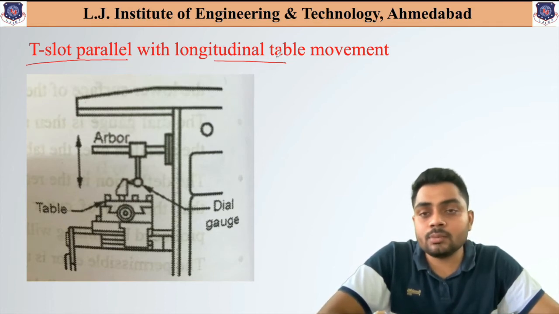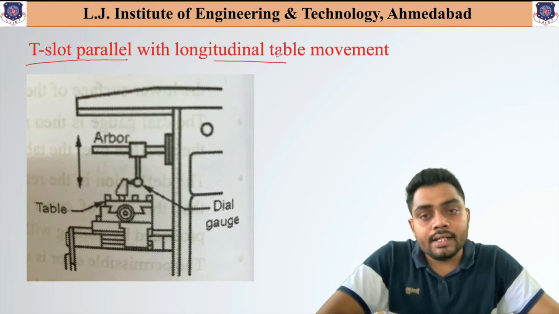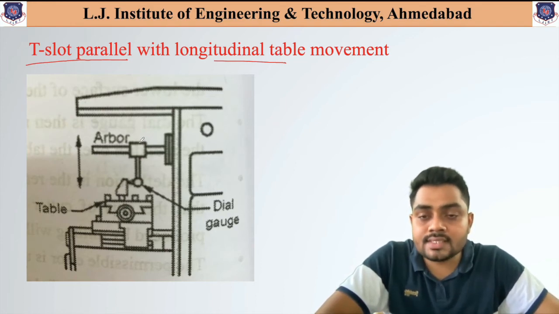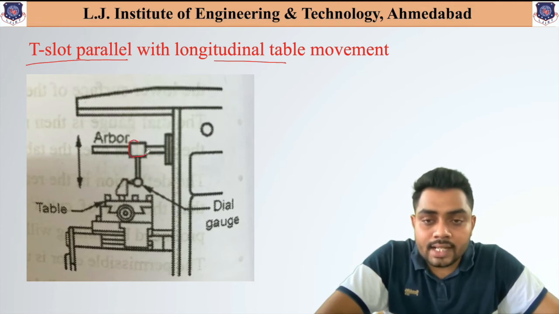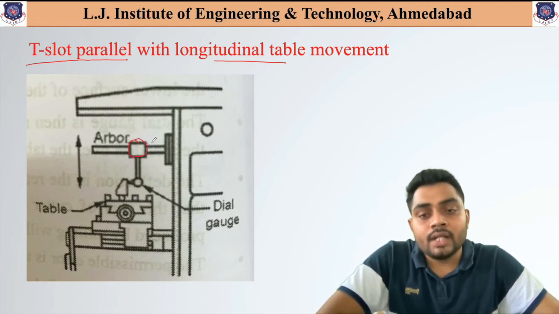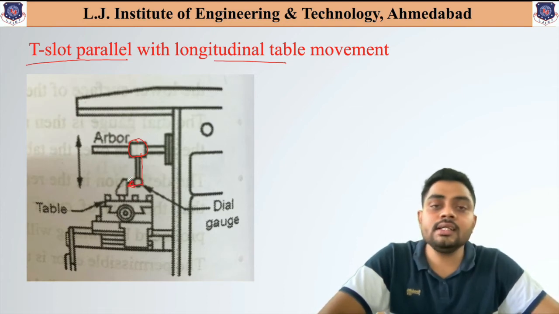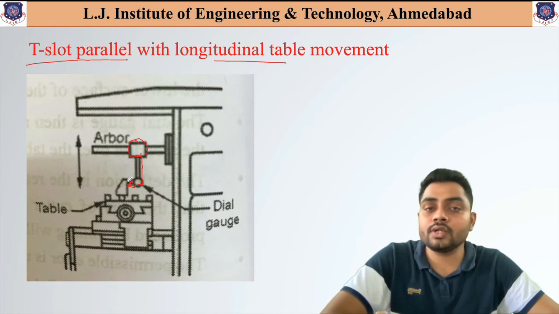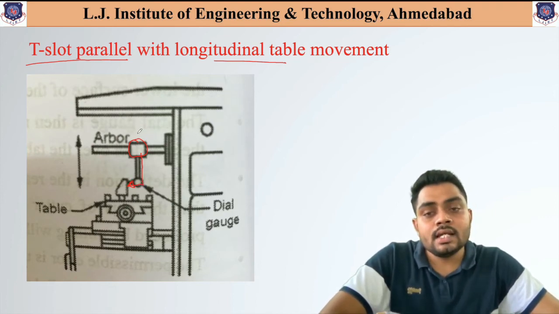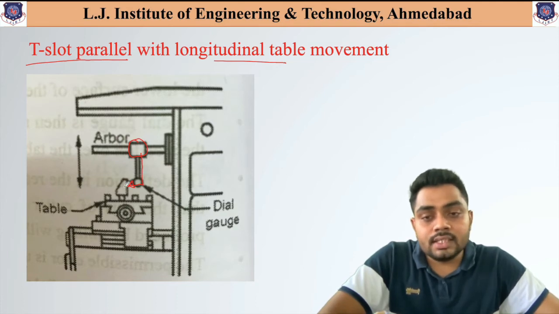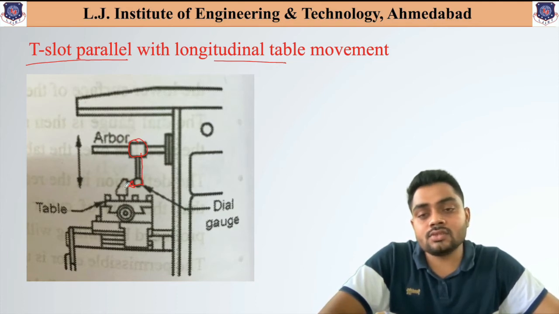We are fixing that component into the T-slot. Now to check with the longitudinal movement, we will fix the base of the dial indicator on the arbor, and from that we will attach the dial indicator portion with the component attached at the T-slot. So from the arbor we are attaching this dial gauge with the section that we are measuring. So we are checking.